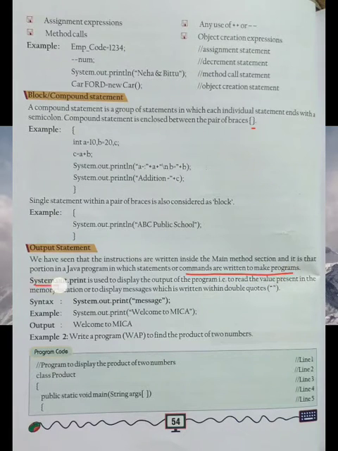Here System.out.println, or print only, is used to display the output of the program, that is, to read the value present in the memory location to display messages, which are written within double quotes, that is inverted commas. Here you can see the syntax: System.out.print, and the message is included within double quotes. Here one example is given, and the output will be like that.